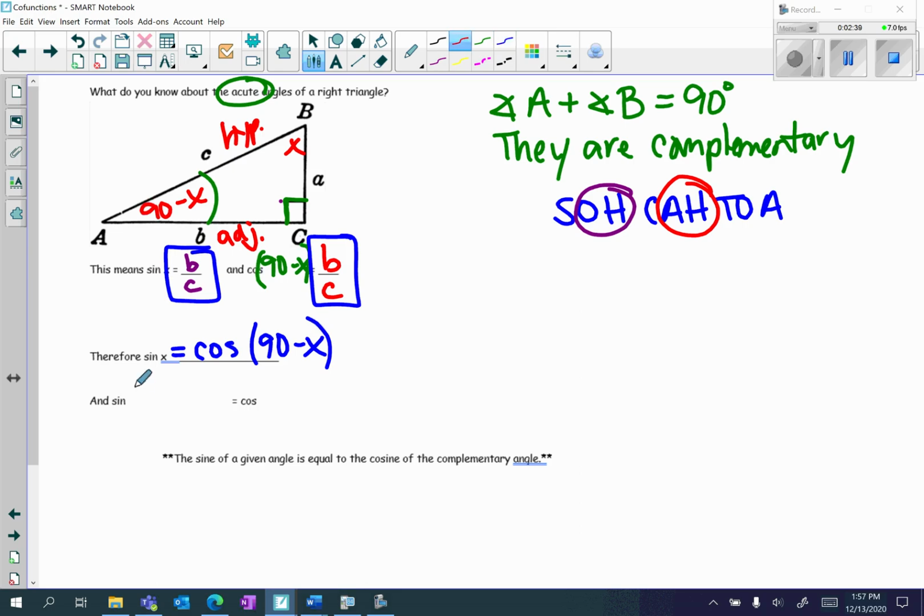We could also say sine of 90 minus x is equal to the cosine of x. If we were to find sine of 90 minus x, that would be A over C. And if we were to find cosine of x, that would also be equal to A over C. So the sine of a given angle is equal to the cosine of the complementary angle.